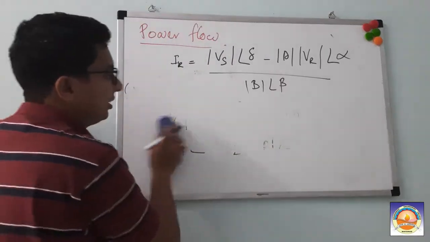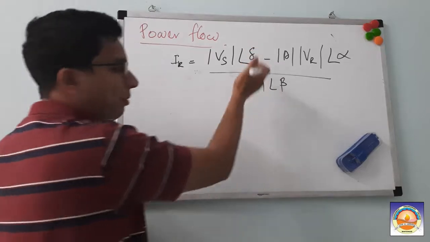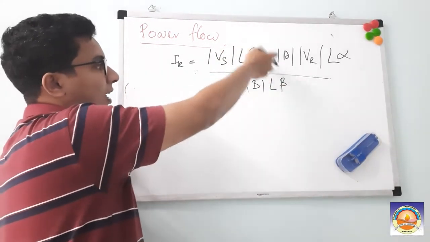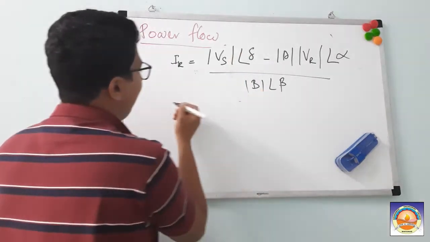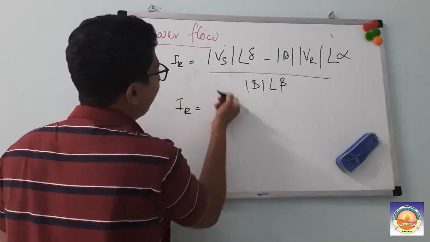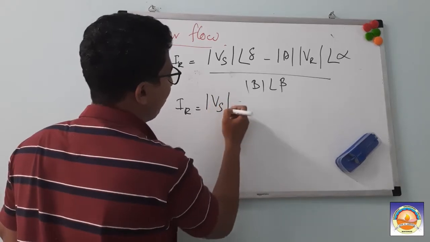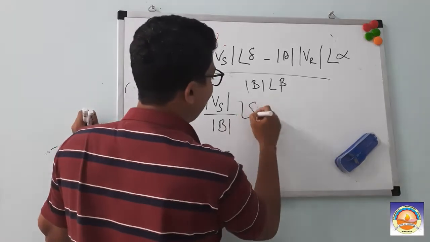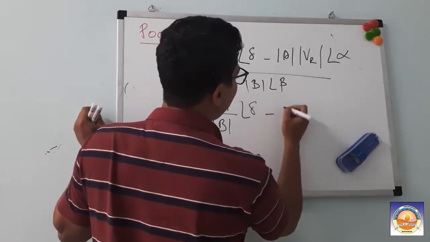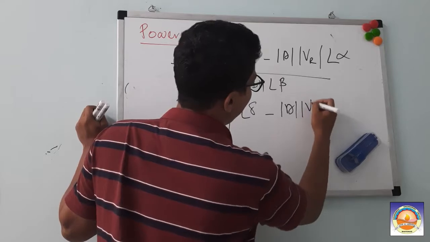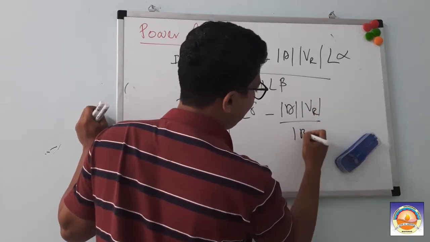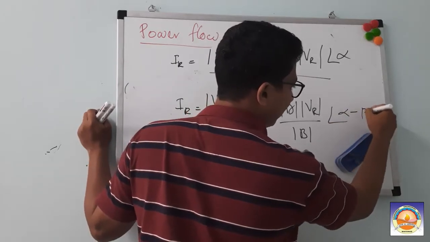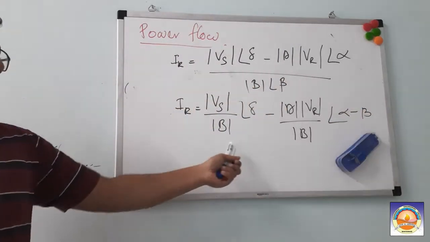In polar form, when you have division, the angle becomes subtraction. So my current IR is given by modulus of Vs by B at angle delta minus beta, minus modulus of A VR divided by B at angle alpha minus beta. Clear? So that is my equation for current.